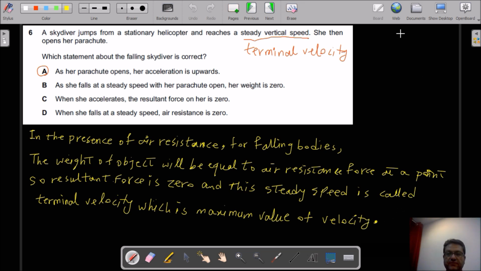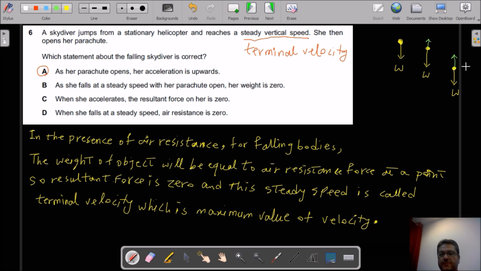So when the object is falling, first of all, there is W, and then after some time, air resistance will act on the object, and again after some time air resistance and W become equal.